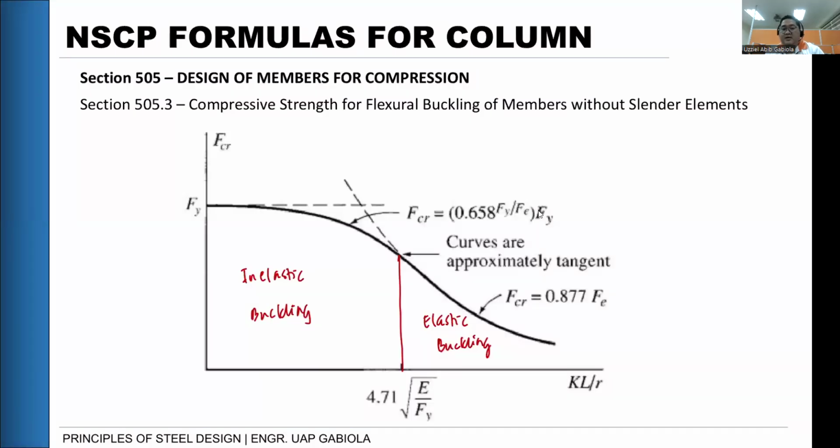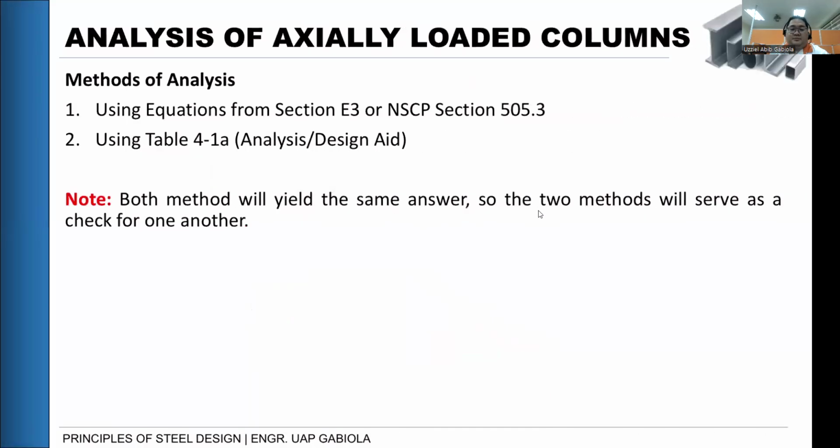And for us to have a conservative design, we need to consider yung worst case scenario. Kaya dun tayo sa largest value ng KL over r. We need to note na we are more focused on having the largest value ng KL over r and not the largest value ng r. Okay? KL over r po ang concern natin.